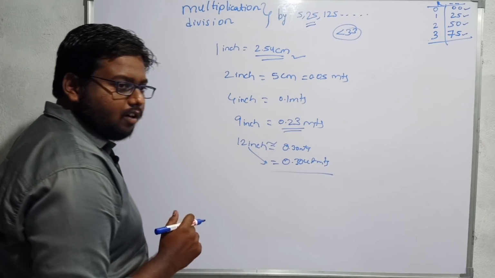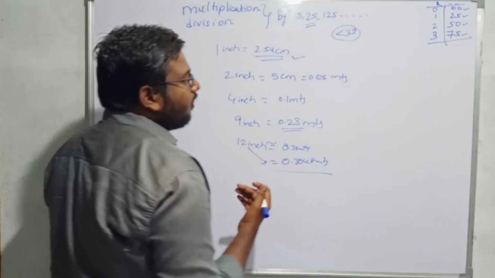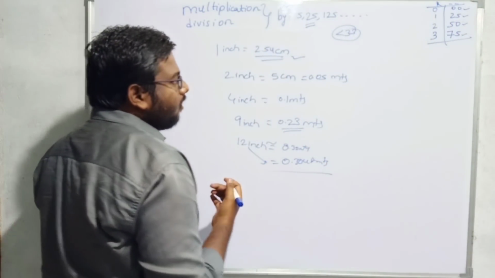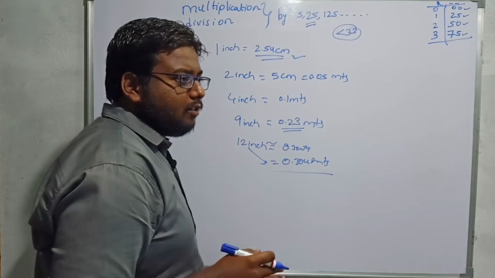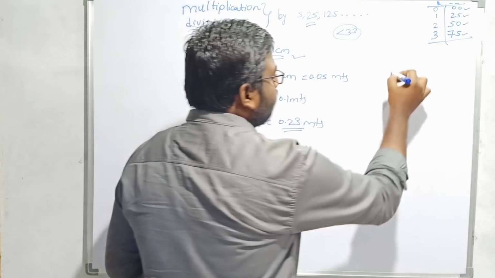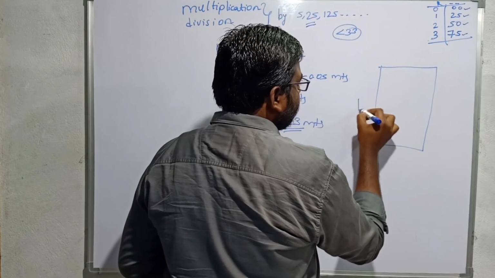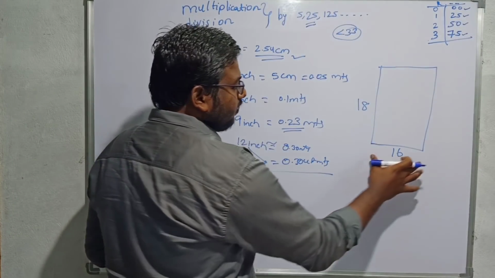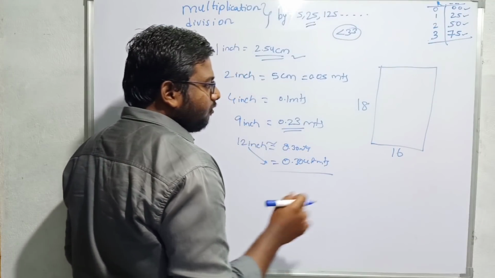This will be one use which engineers use in daily life. You can calculate this with the help of multiplication with 25. For example, if we have to calculate the area of a particular site, I am selecting a site with 18 meters and 16 meters. There is no different gap, but I kept somewhat of a gap here, no need to worry about it.